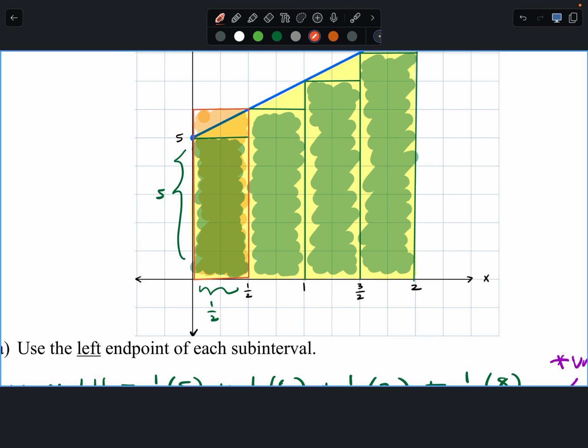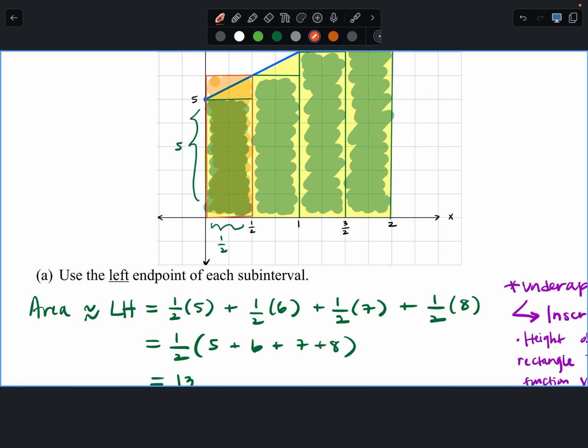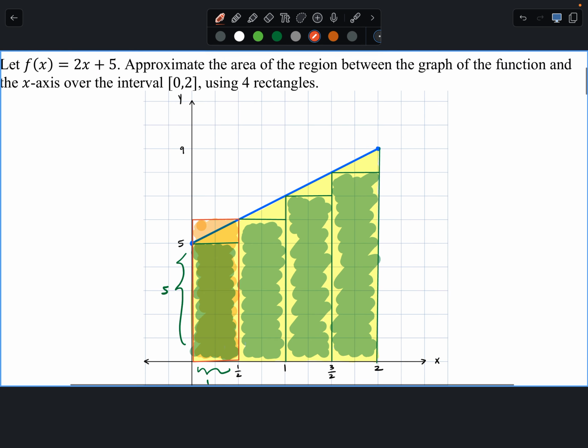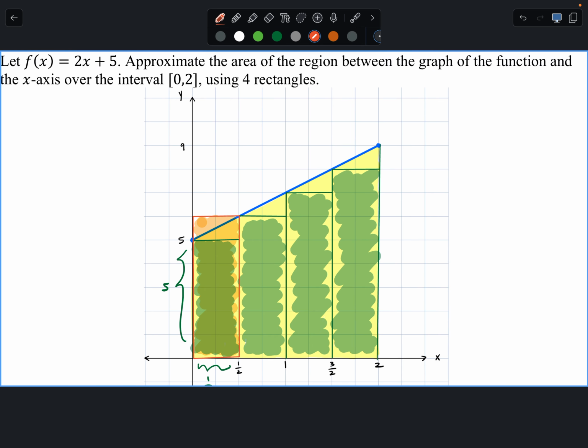What is the height of that rectangle? 6. And then the height of the next rectangle, again using the right endpoint, will be 7.